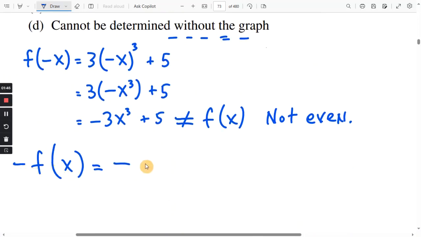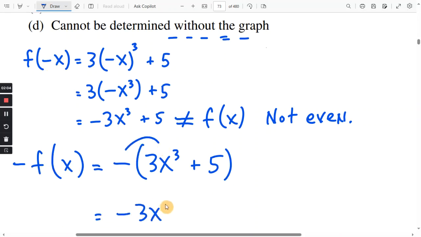So we're taking the negative of 3x to the third plus 5. Okay, notice f of negative x is not the same as negative f of x. Those are two different things. All right, distributing the negative, we have negative 3x to the third, and we have negative 5.